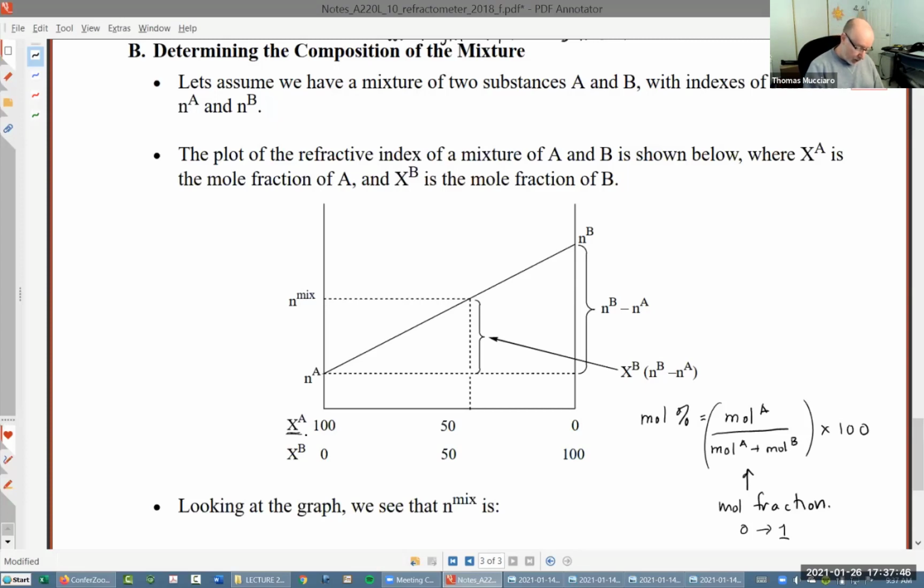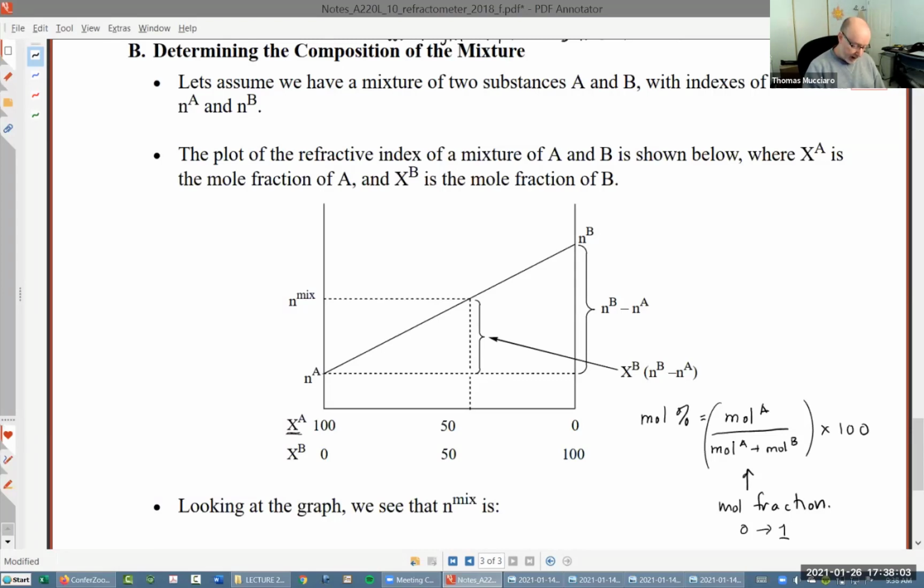All right, so if I have only substance A, my mole fraction would be 100% A, because moles of B would be 0. So I would just have moles of A over moles of A, which is 1, times 100.